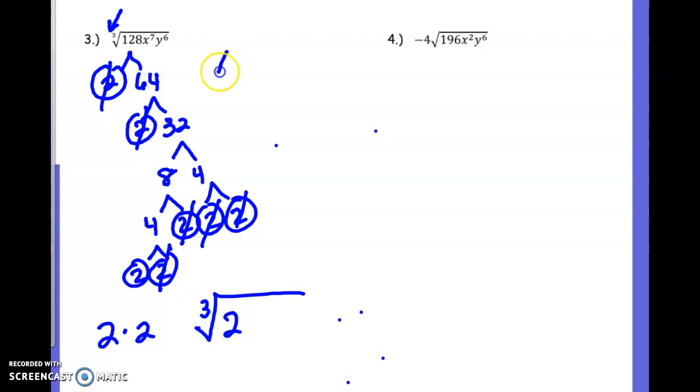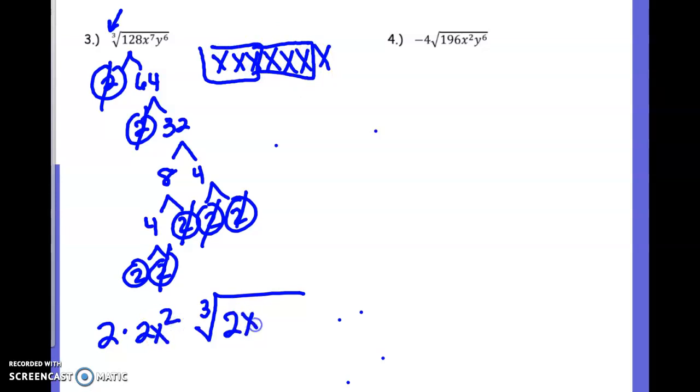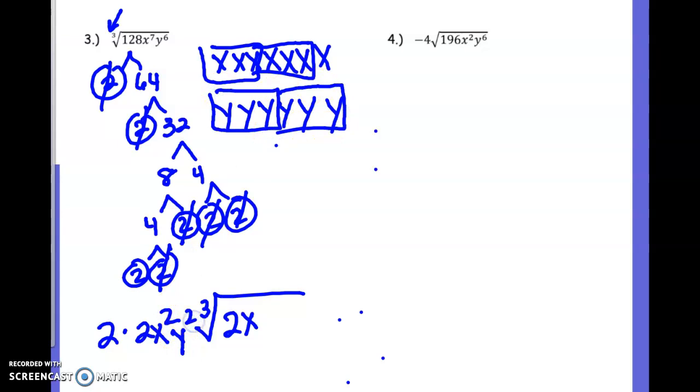All right, my variables, if I have 7 x's, okay, we're looking for triples. 1 set of triples, 2 sets of triples, so x squared with 1 left over, and then y to the 6th. So we got 2 sets of triples, so y would be squared. So our final answer would be 4 x squared y squared cube root of 2x.